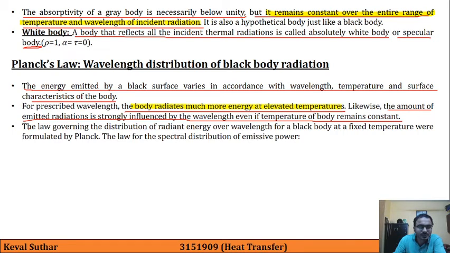Now the next is the law which is governing the distribution of radiant energy over wavelength for a black body at a fixed temperature, which was formulated by Planck.